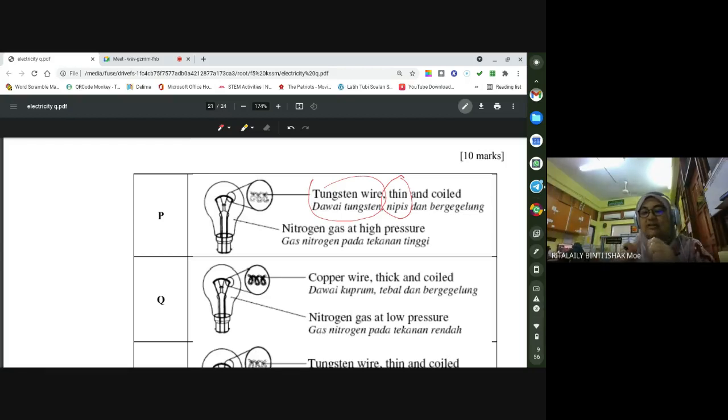The bulb is only this big, a certain length. If it's not coiled, we are going to use a short wire. If it's coiled, we can put longer wire in that certain distance. So the reason can be more heat produced, or longer wire can be used, or higher resistance of wire also works. So we can repeat the reason 3 times.